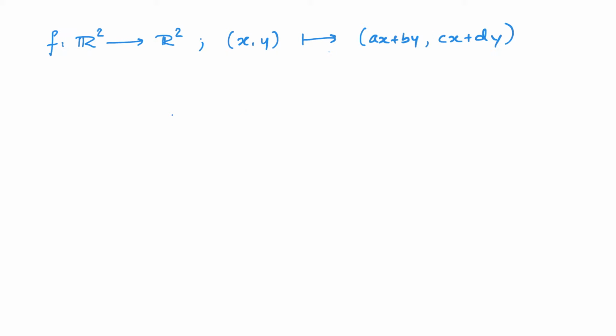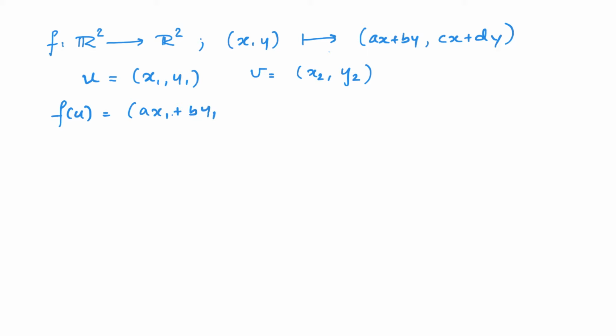To prove this function is linear, let us first take two vectors in R2. Say u is equal to x1, y1 and v is equal to x2, y2. Then notice that f of u is equal to ax1 plus by1 comma cx1 plus dy1, and f of v is equal to ax2 plus by2 comma cx2 plus dy2.